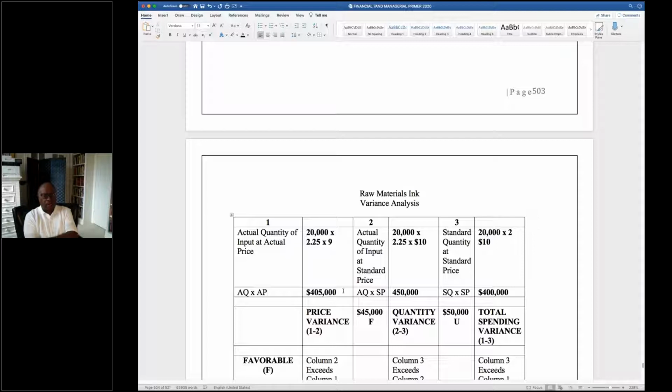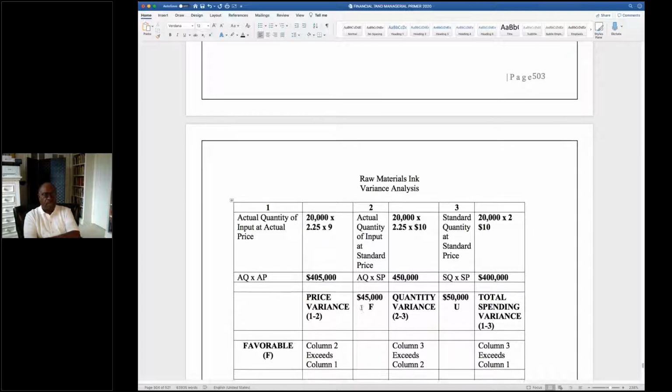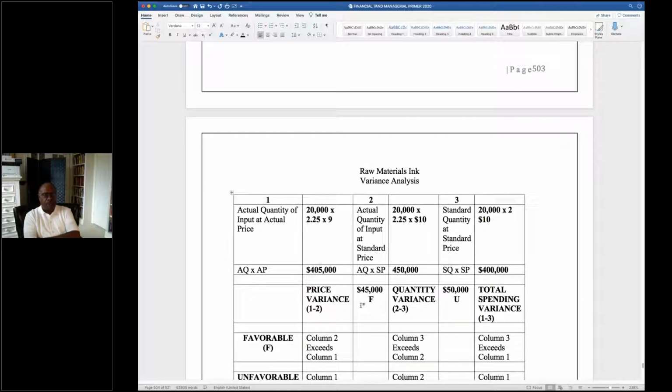So purchasing had a favorable variance of 45,000, and they should be rewarded for that. Okay? So anytime, as we were saying here, column 2 exceeds column 1, the actual is less than the standard, that's a favorable variance, and vice versa.